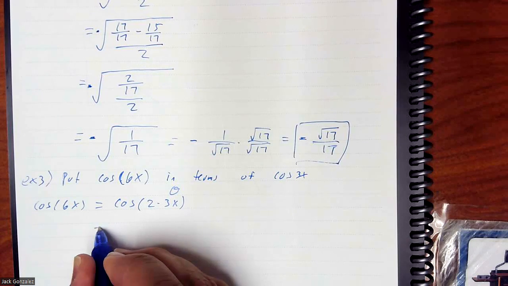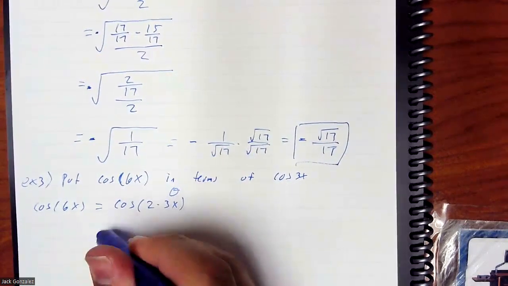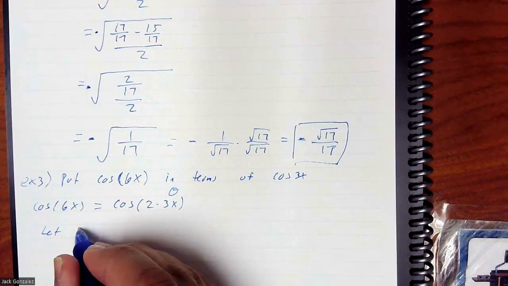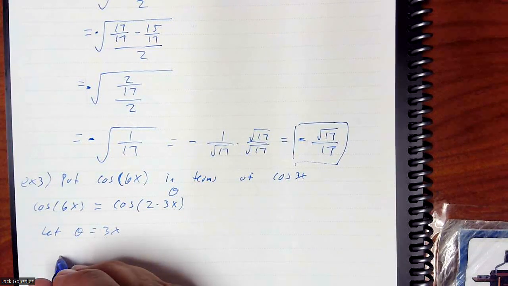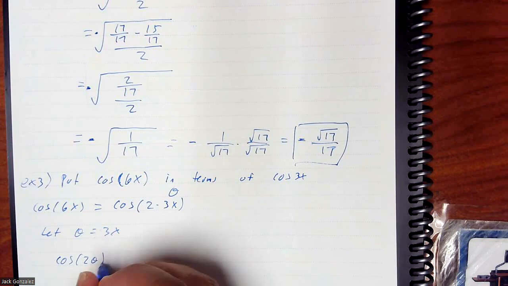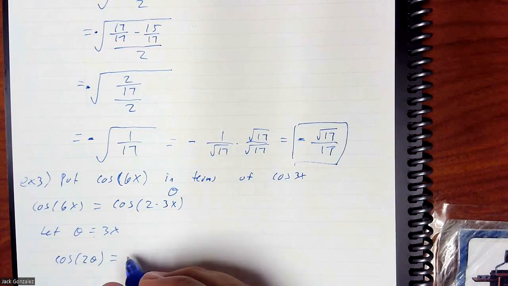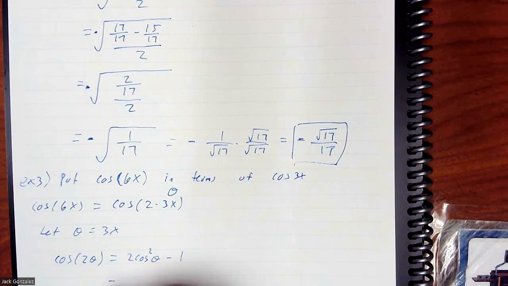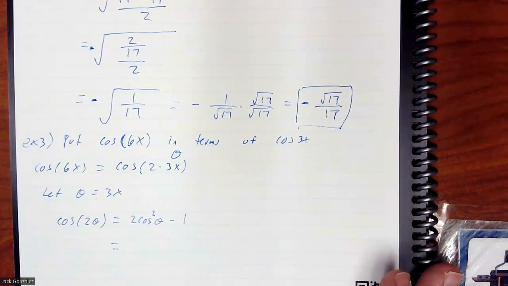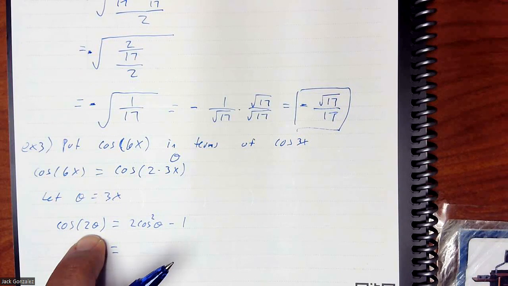So use your formula for cosine 2 theta. Well, we can add an extra step, so it makes more sense. Let theta equal 3x. So now I have cosine of 2 theta equal to 2 cosine squared theta minus 1. If I let this 3x be theta, do you agree that it would turn into this?